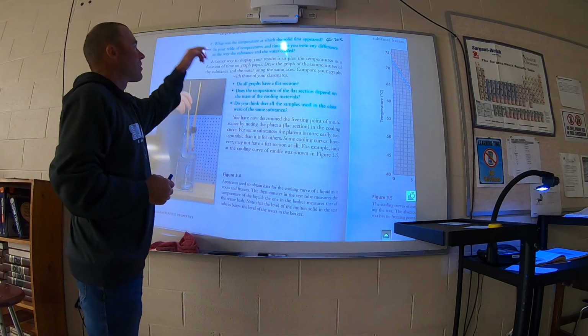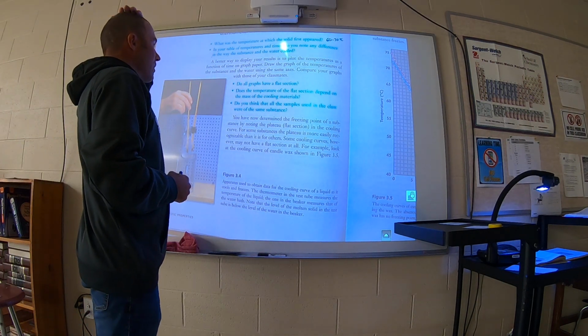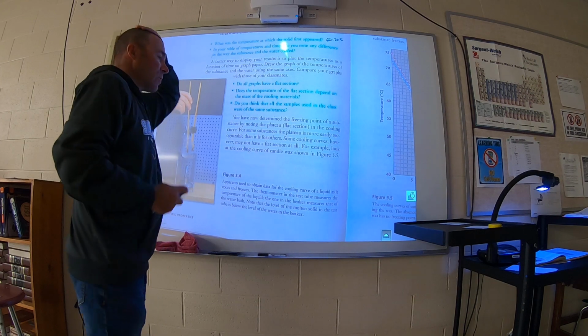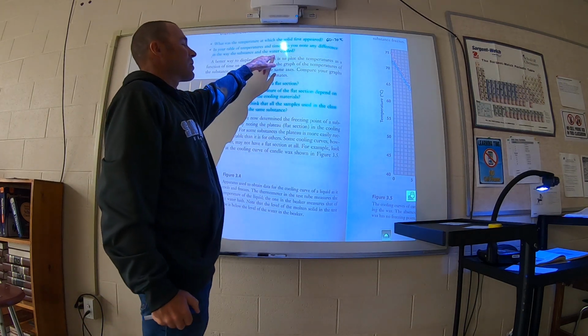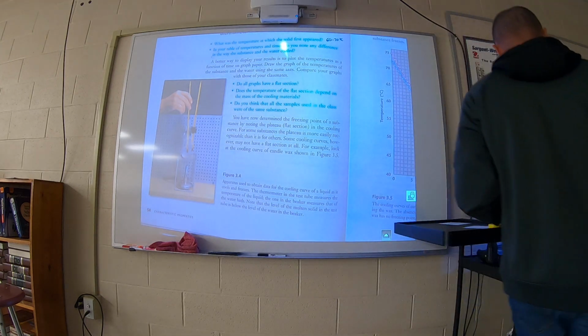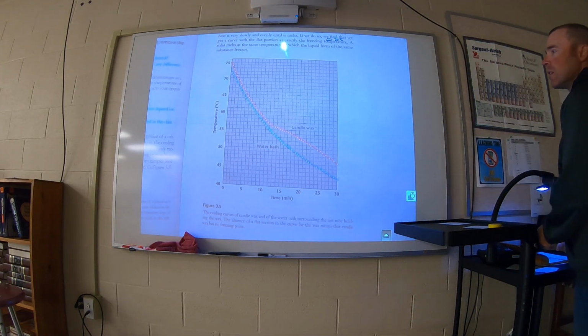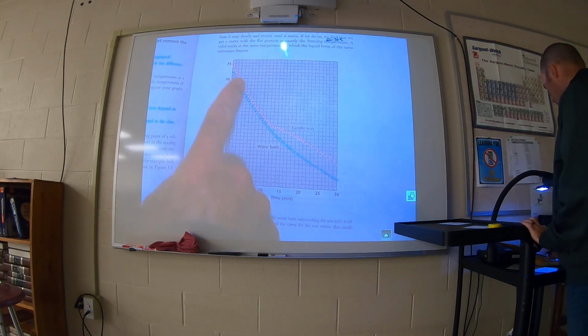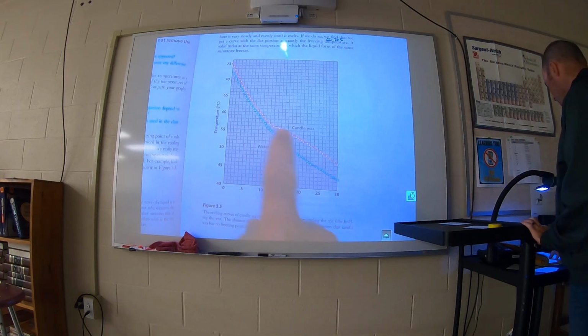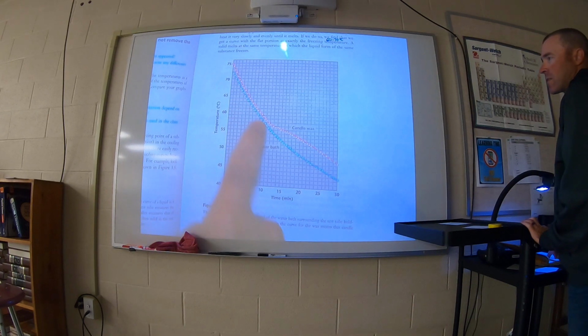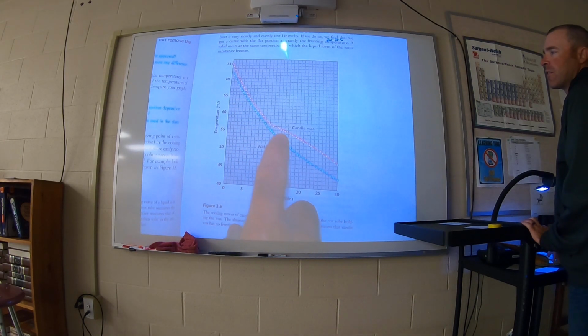The second one, in your table of temperatures and times, did you note any difference in the way the substance and the water cooled? Well, we didn't do the water because it was just going to take too long. But you can see a graph of what they did. And so you can see the candle wax didn't go down in a steady curve. Okay, it kind of bounced around a little bit at its freezing point or melting point here.